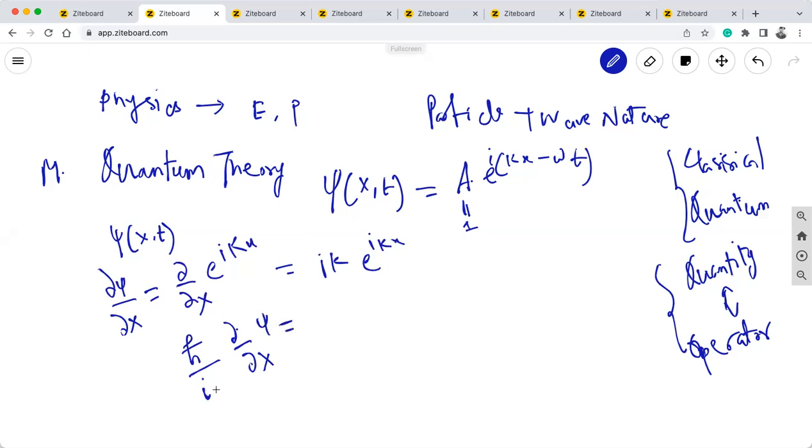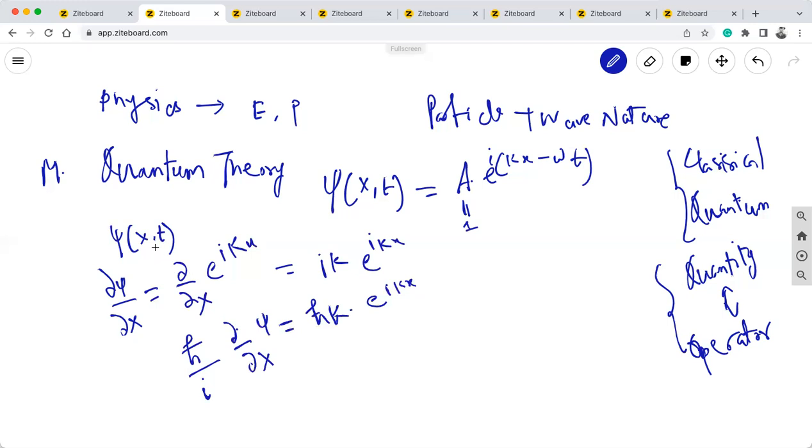So this i and this i are complementary. So you have h bar k into e to the power ikx. So this is the part, right?